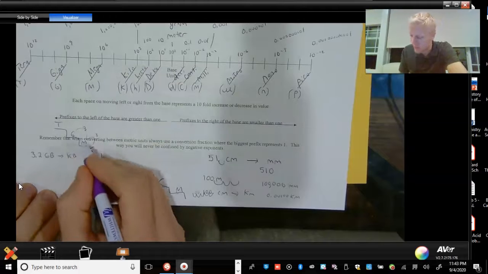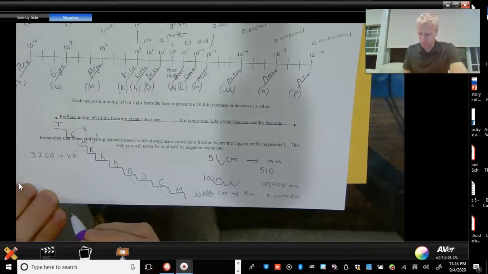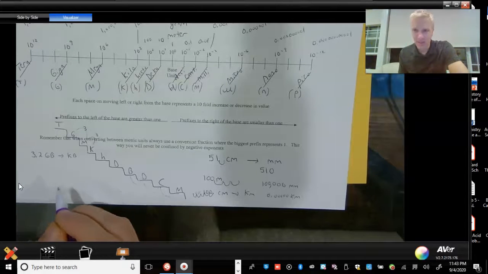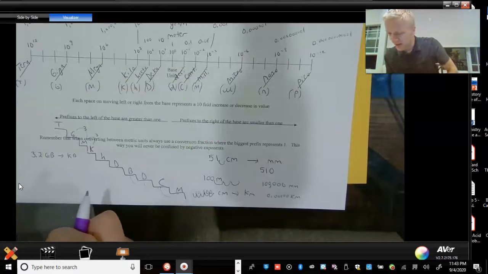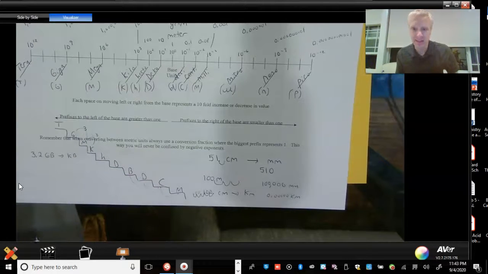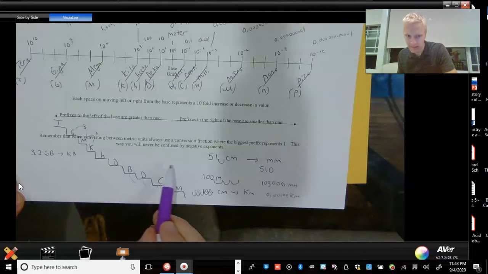But we're just going from giga to mega, 3 steps, mega to kilo, 3 steps, which makes a total of 3 plus 3 is 6 steps moving to the right.